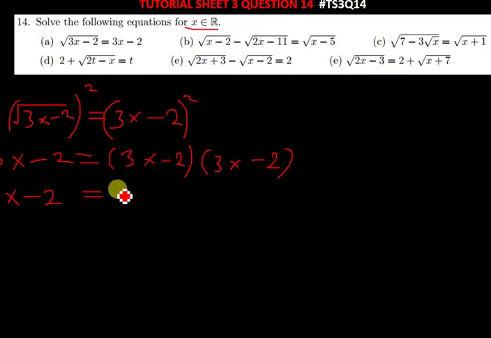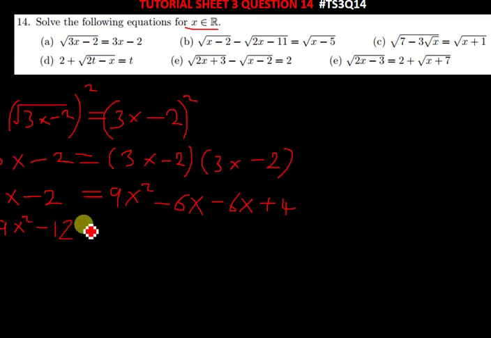So 3x times 3x, you get 9x squared. Then 3x times 2, you get negative 6x. Then that one will give you negative 6x. Negative 2 times negative 2, you get positive 4. So we're going to have 9x squared minus 12x.